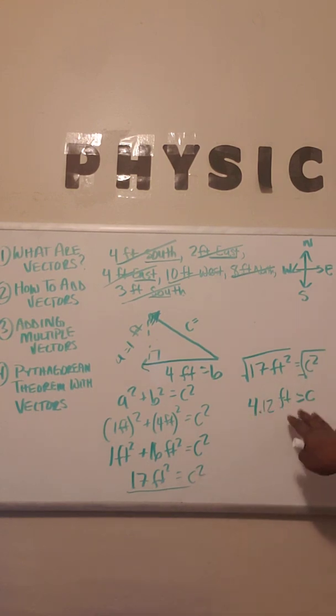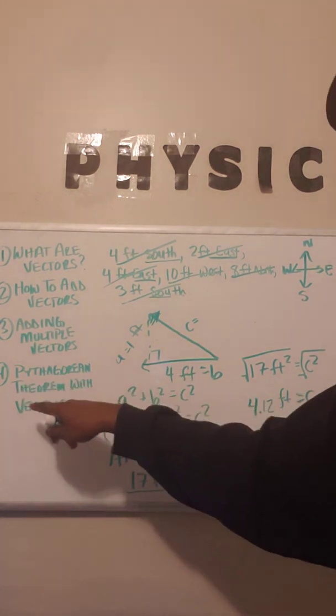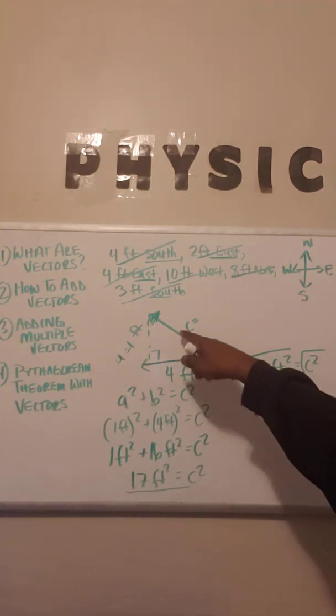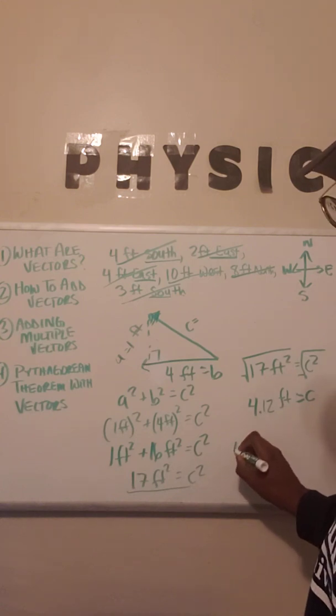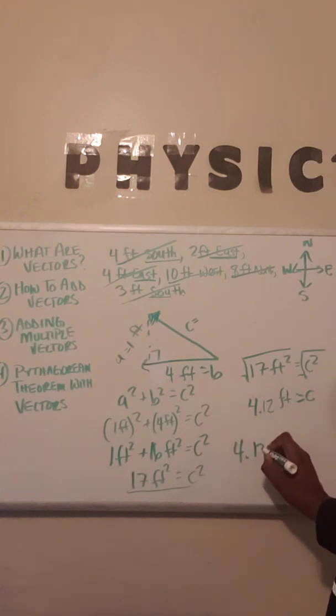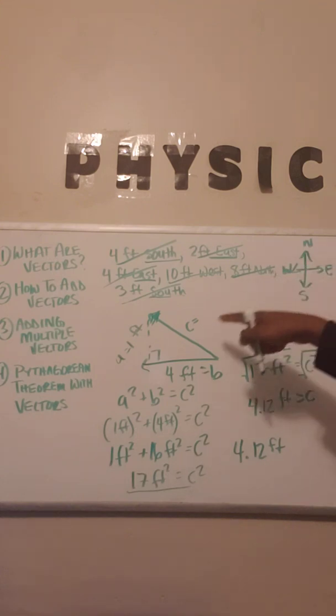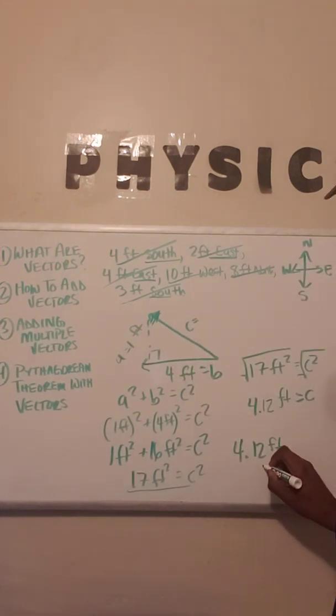Okay, now remember, this is only our magnitude. Our final answer needs to be a vector quantity. So I need a magnitude and a direction. So my final answer will actually be 4.12 feet. And this direction is northwest because it's between north and west. All right, so 4.12 feet northwest.